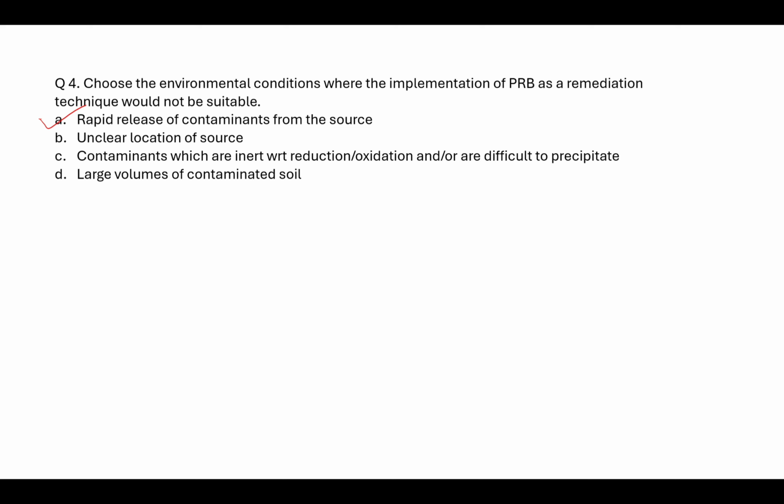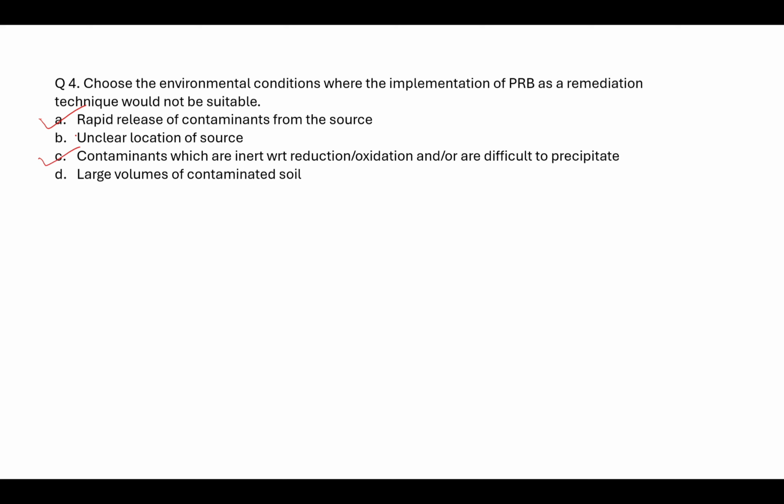So here since we have given that the contaminant is something which is inert with respect to reduction oxidation reactions, these cannot be removed with the PRB. So this is not suitable for PRB installation.